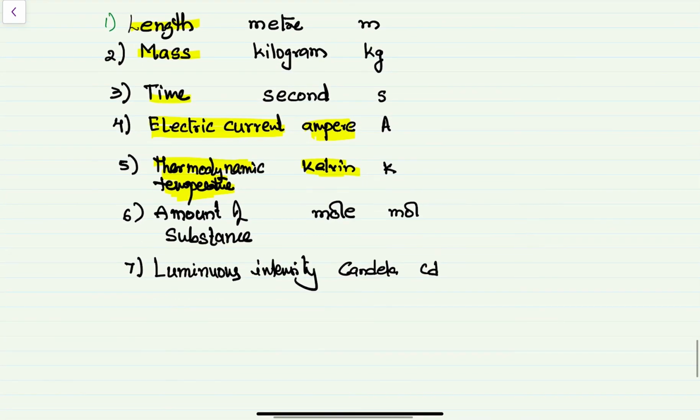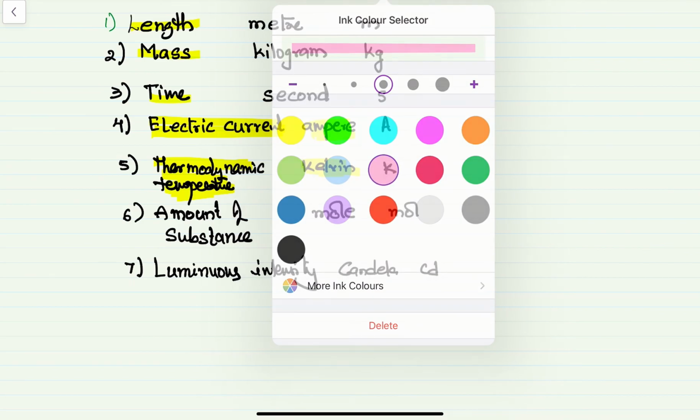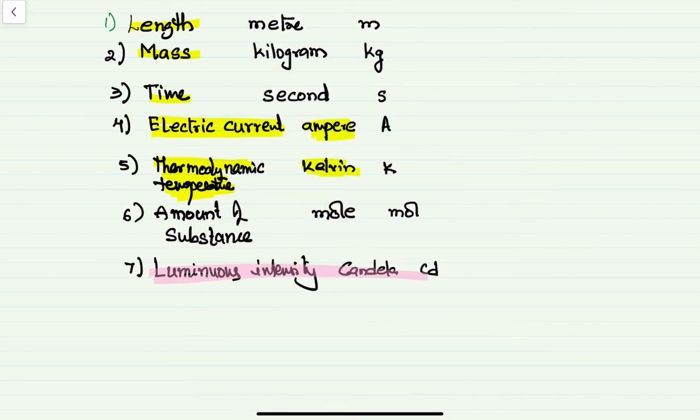Right? So these are all the 7 fundamental physical quantities, base quantities.